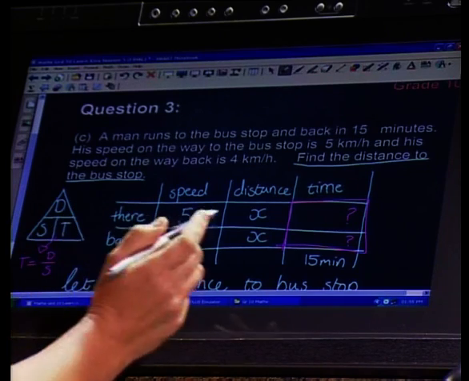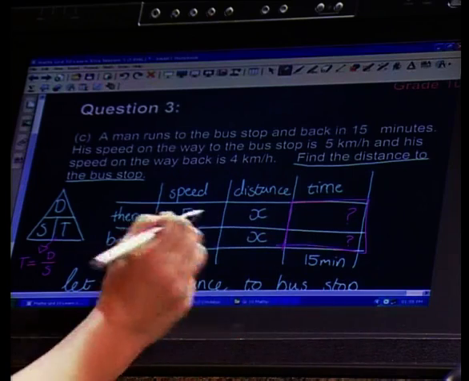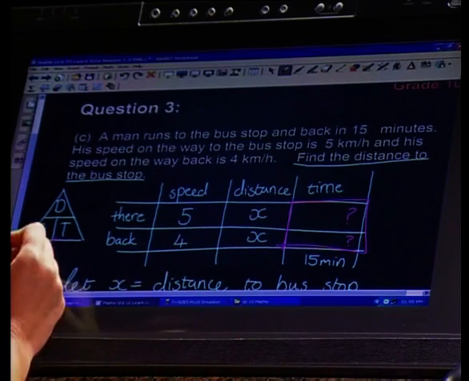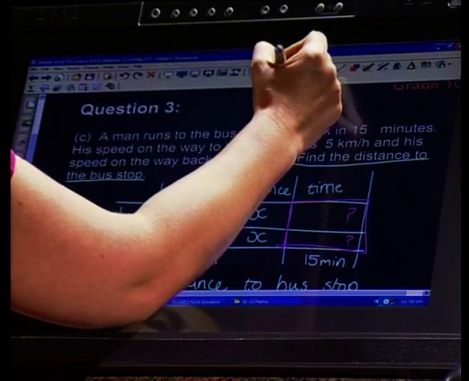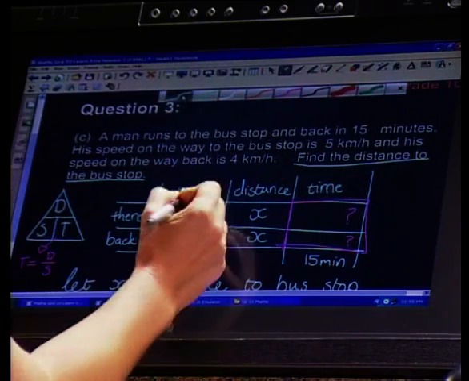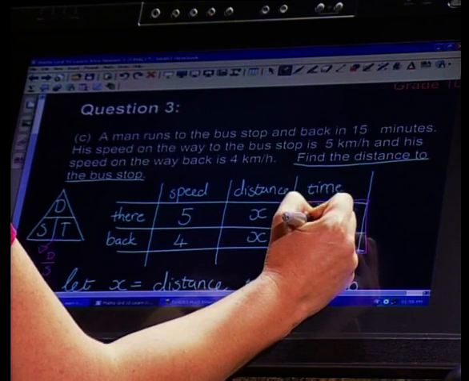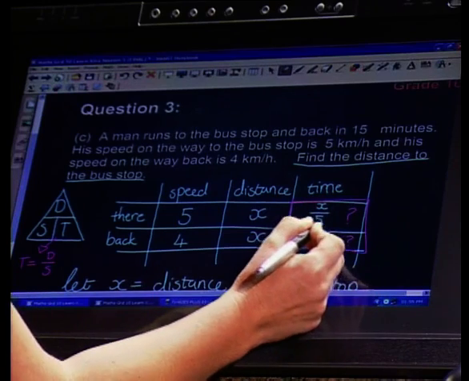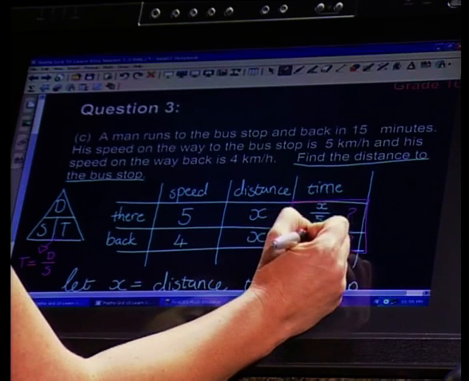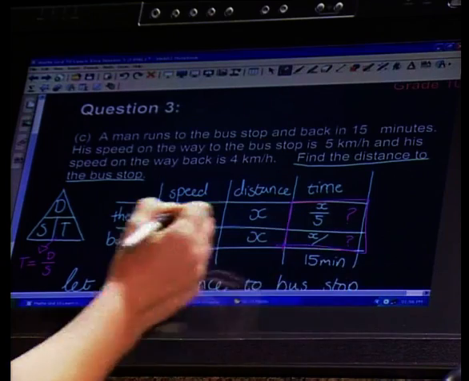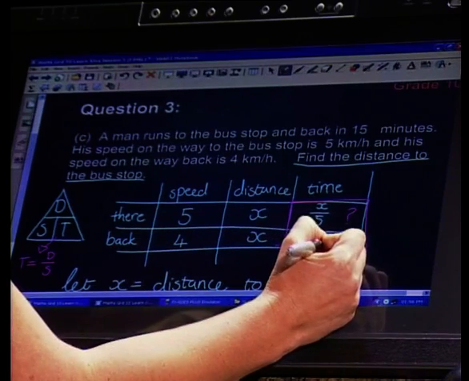And with this method, you're always meant to have a column that you still need to work out. So in order to work out time, we've got to take our distance, which is x, and divide it by our speed. And over here, our distance, which is still x, and divide it by our speed, which is 4.